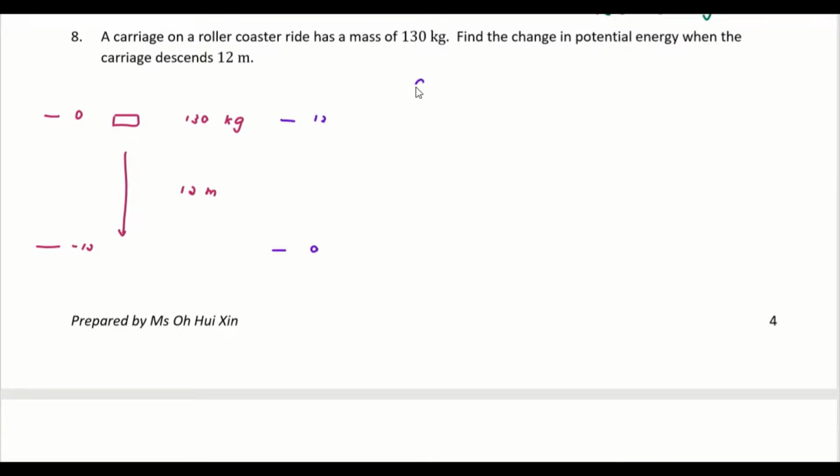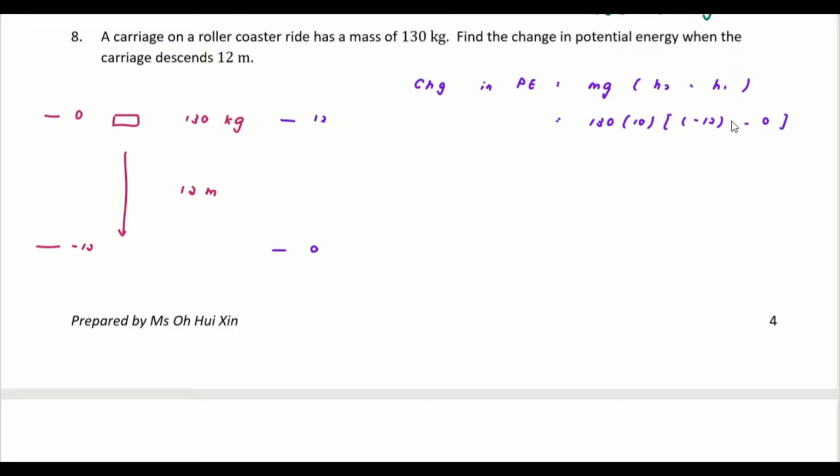So the change in potential energy will be equal to the same thing, mg(h2 minus h1). If you are using the first approach, then your m is 130, g, and the final height is at negative 12, minus the initial, which is 0.